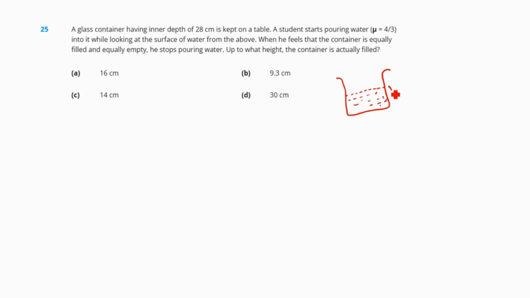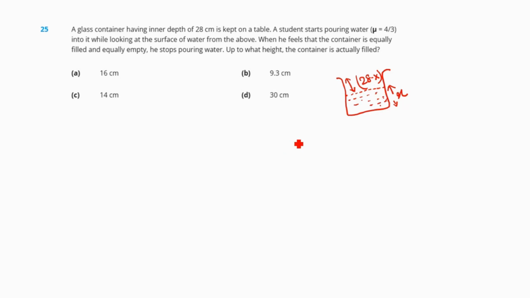So if x is the height of the water, the height of the container that is empty will be 28 minus x, right? So if we consider the total height of the filled container is x, then the height of the empty part is 28 minus x.